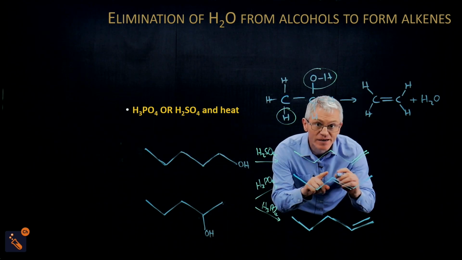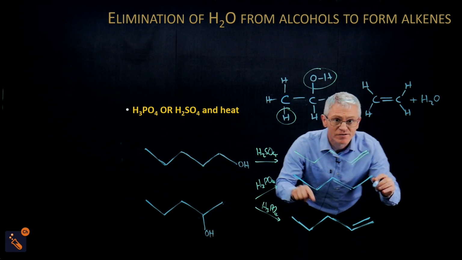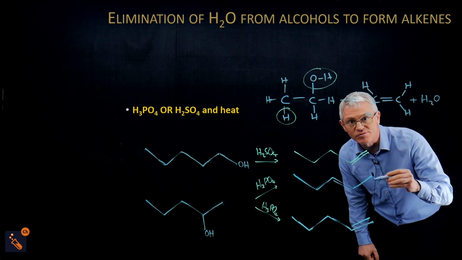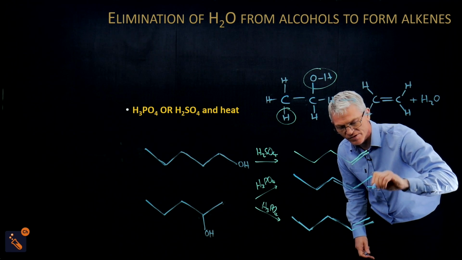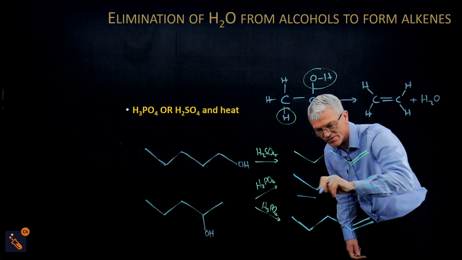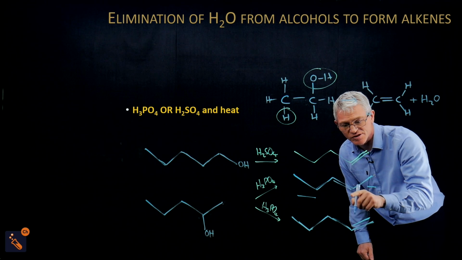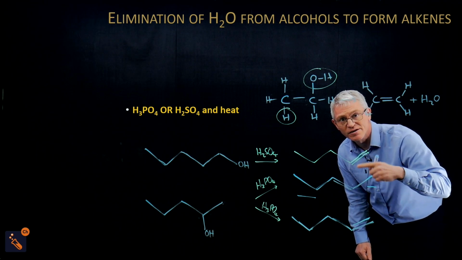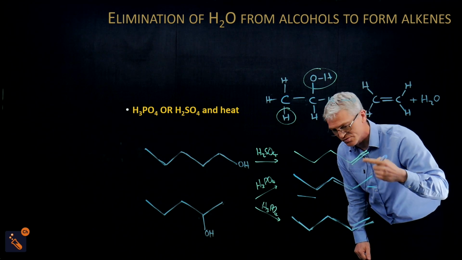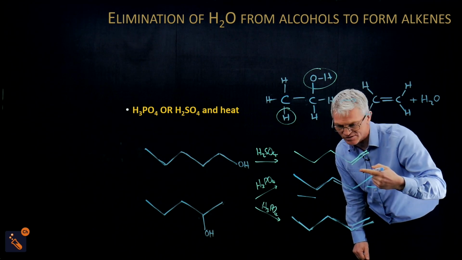So I'm going to look at this one here. Notice there is a group here, and a group here, and there are 2 hydrogens coming off, and they're 2 alkyl groups. Now you've got 2 groups that are the same type, for example, 2 chlorines, 2 hydrogens, 2 alkyl groups.